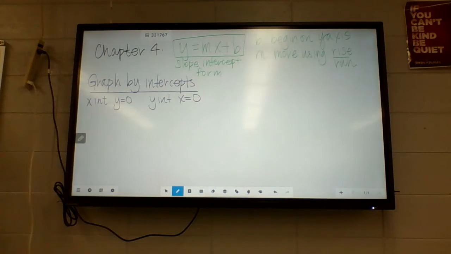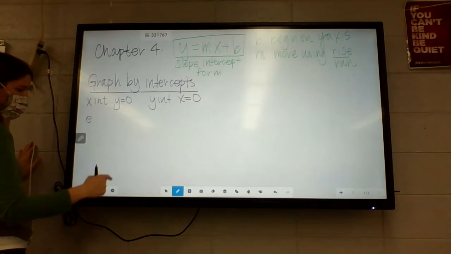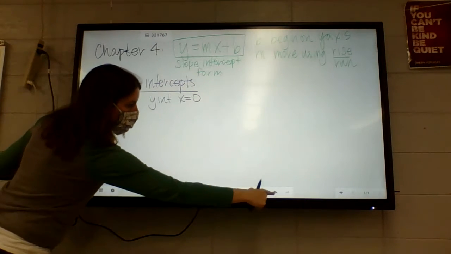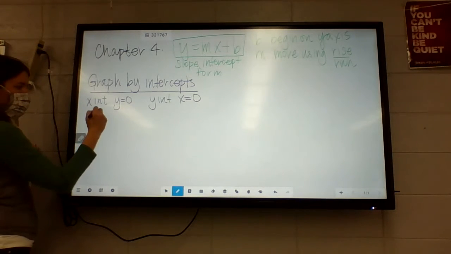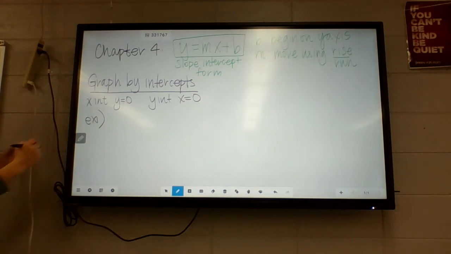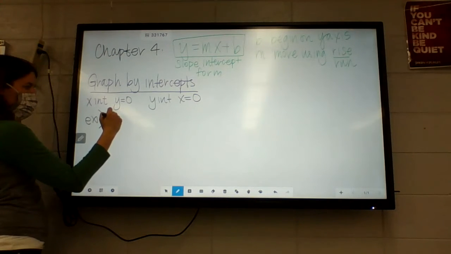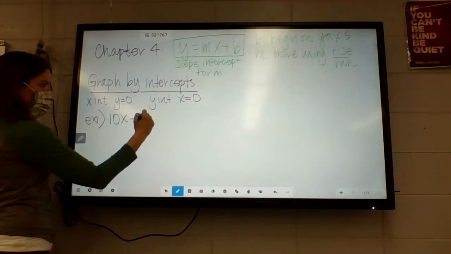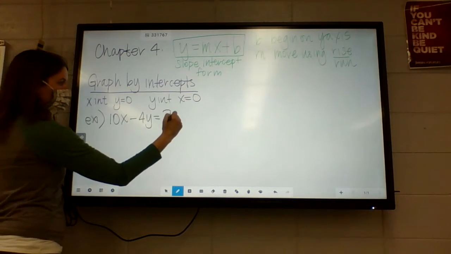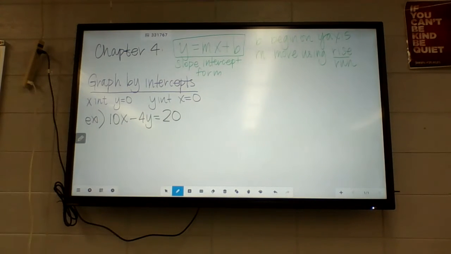So I'll do a quick example with you guys of this. So let's do 10x minus 4y equals 20. So that's my equation.